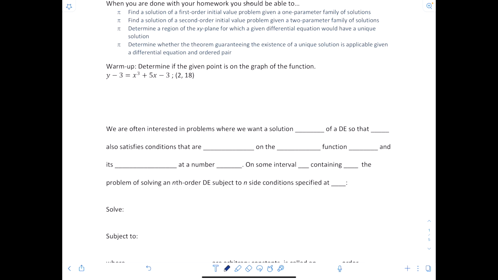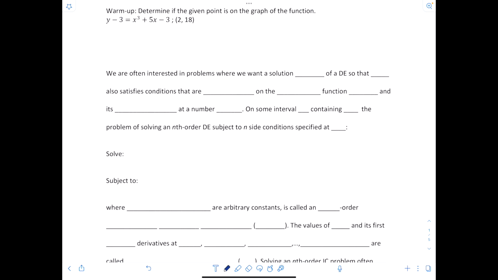So here we go. Let's warm it on up by determining if the given point is on the graph of the function. So one of those so easy it's hard kind of things. We've been given an x and a y coordinate, so let's just plug them in. So y is 18, minus 3 equals x, which is 2 cubed, plus 5 times x minus 3.